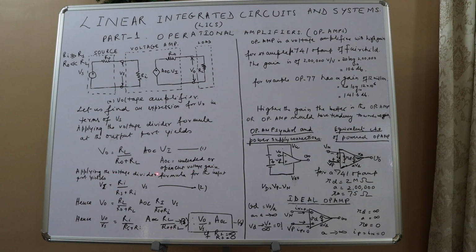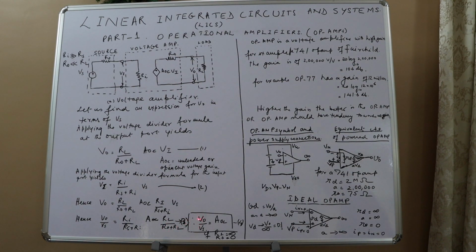Applying the voltage divider formula at the input port yields Vi equal to Ri upon Rs plus Ri, times Vs. Hence, V0 is equal to RL upon R0 plus RL, times AOC, times Ri upon Rs plus Ri, times Vs. Hence, V0 upon Vs is equal to Ri upon Rs plus Ri, times AOC, times RL upon R0 plus RL.